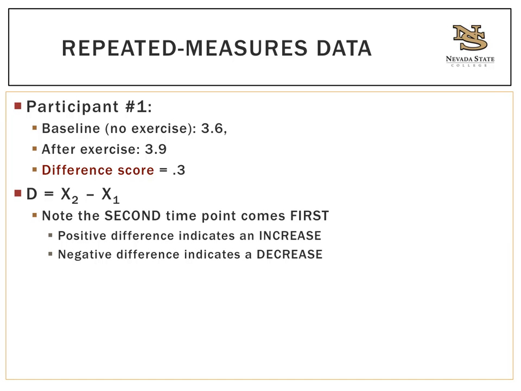In that case, his difference score would be, anybody? 0.5, right? We would take that 3.5 after exercise and subtract the 4.0, which was his baseline, and we get a negative 0.5. That negative difference indicates a decrease. That's why this formula order is really important, because the positive difference score tells us if it's an increase, and the negative difference score tells us if it's a decrease.